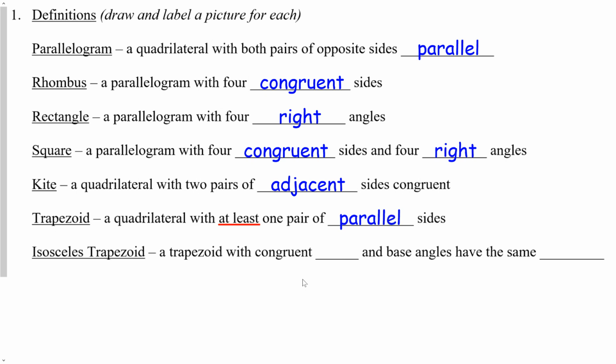We'll talk about the difference in a little bit. And then an isosceles trapezoid is a trapezoid that has congruent legs, and base angles have the same measure. The legs in a trapezoid are the two non-parallel sides when you're looking at just a trapezoid, not any more specific.